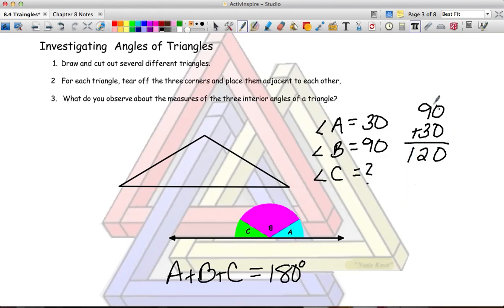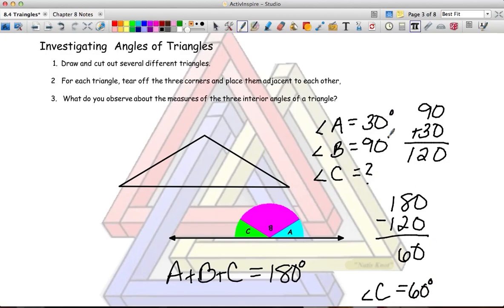And since I know that altogether this has to equal 180, I can take the 180 total degrees, subtract the 120 degrees from angles A and B, and I get 60 degrees. So I know angle C has to equal 60 degrees.